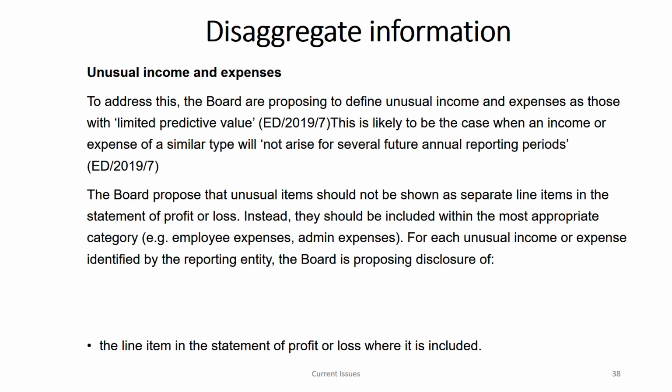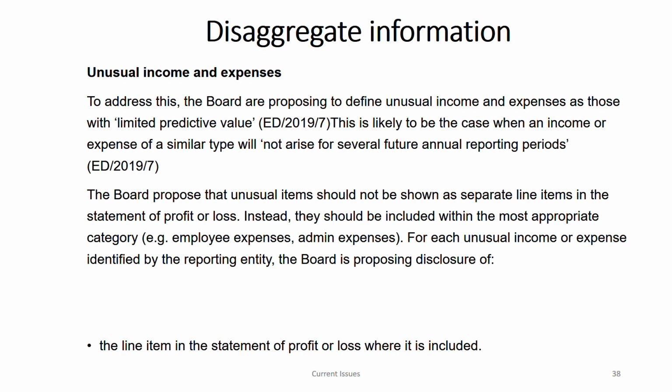Now the board is also saying that these unusual items should not be shown separately in the statement of profit and loss. Then how are you going to present it? Rather, they should be included within the most appropriate category. Whatever you feel is most appropriate for this type of unusual income and expenses, you include it there, rather than putting it separately like other.